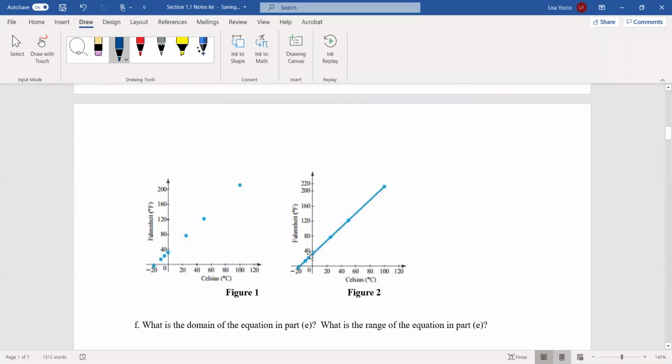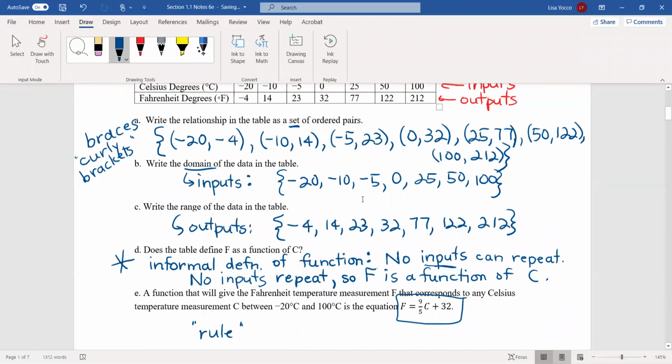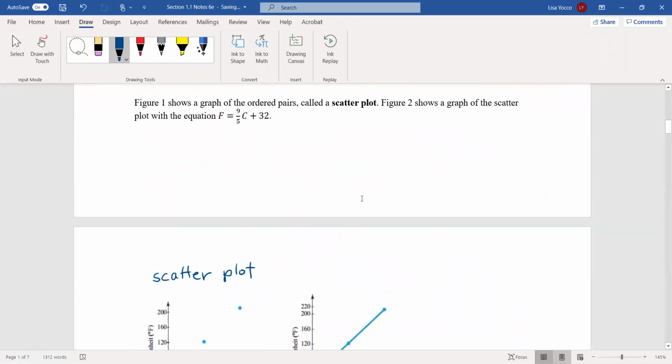Okay, next, you see two figures side by side. This first one is what we call a scatter plot. And a scatter plot is nothing more than a set of ordered pairs. Was that defined? Wasn't. Okay. So the graph of the ordered pairs is called a scatter plot.